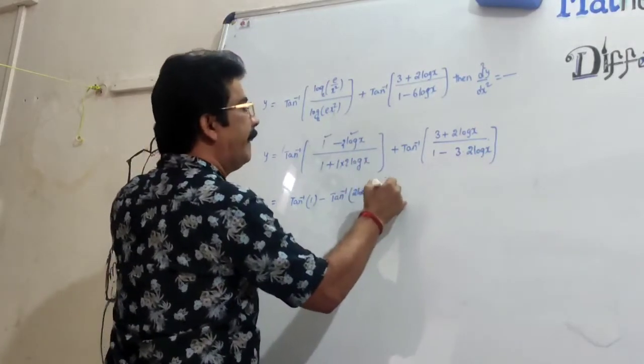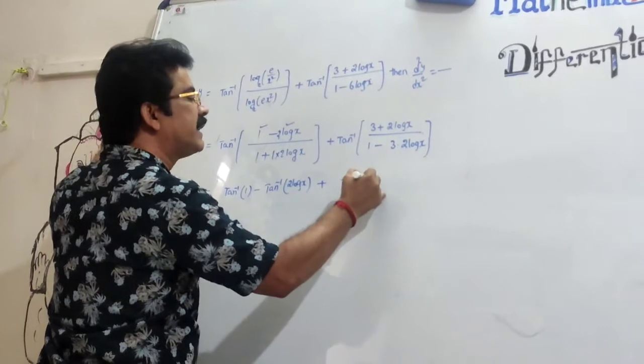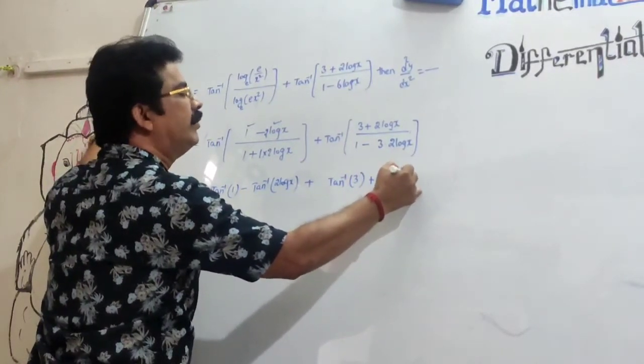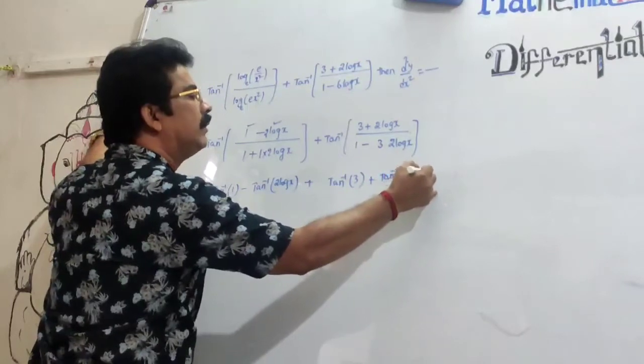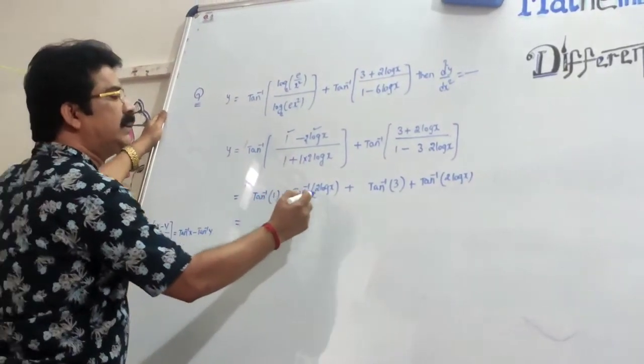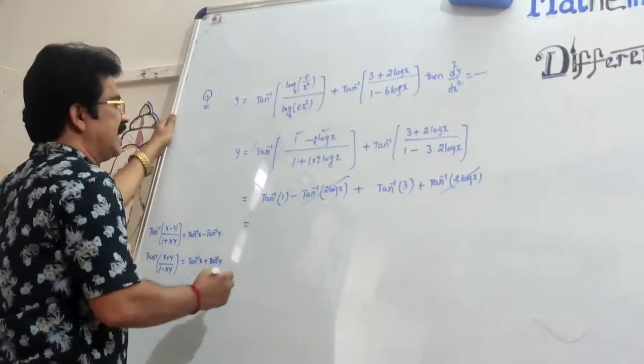Later this one, it is tan inverse of 3 plus tan inverse of 2 log x, so the tan inverse of 2 log x terms cancel.